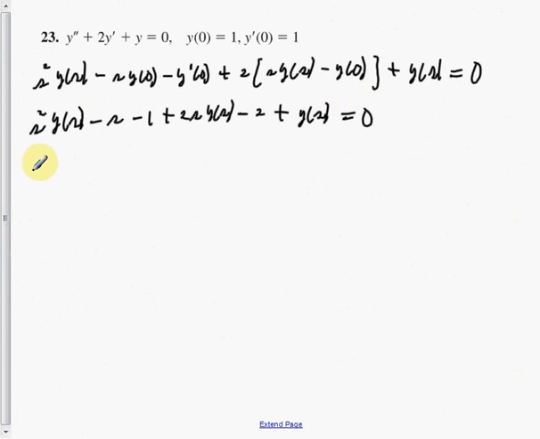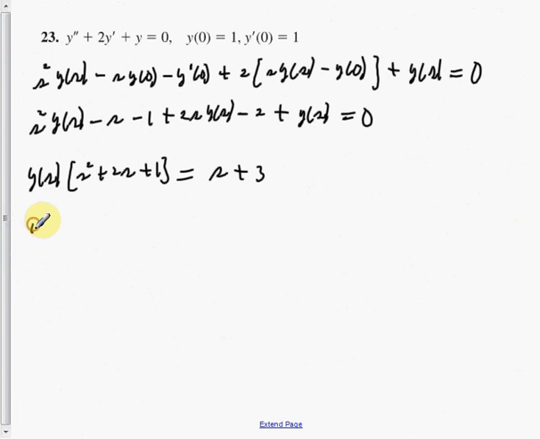Get the Y of s's together. So this is s squared plus 2s plus 1. Get everything else on the other side. This is minus s, which becomes s on the right side, minus 3, which becomes plus 3 on the right side.